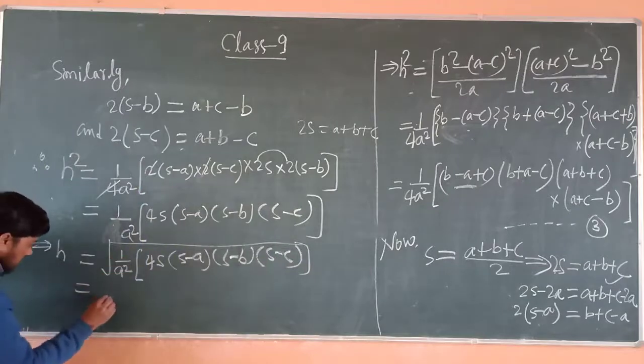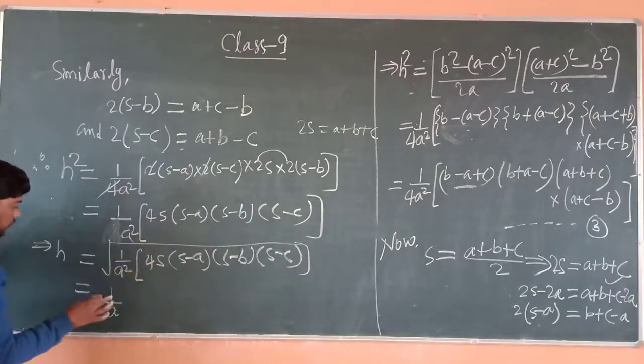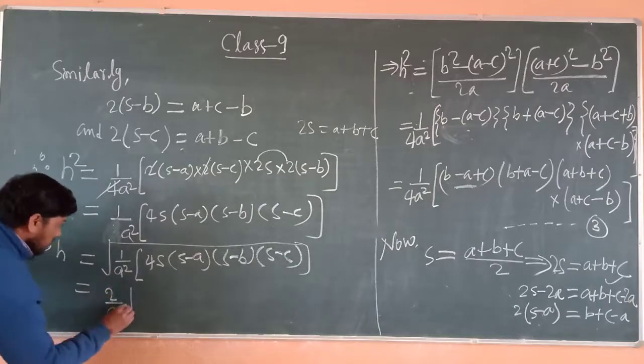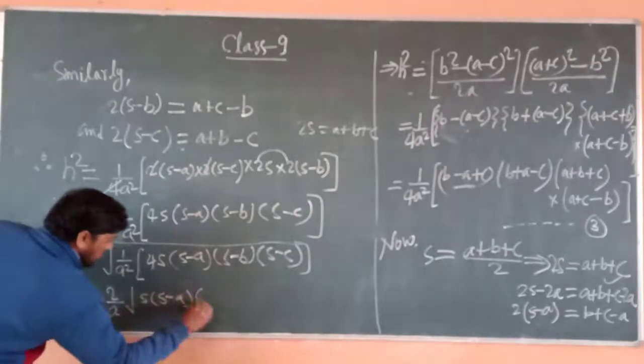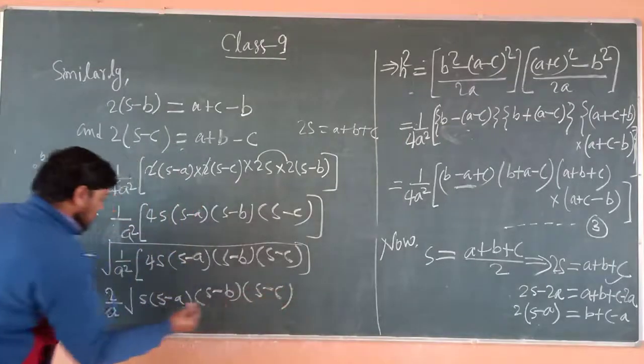With 1 by a square, a will be outside, and for 4, 2 will be outside, so 2 upon a into under root s into (s minus a) into (s minus b) into (s minus c).